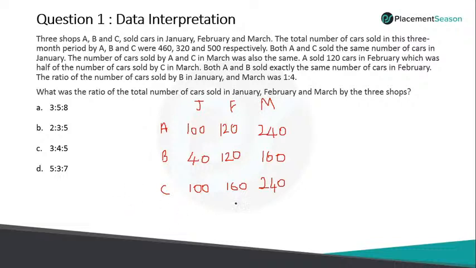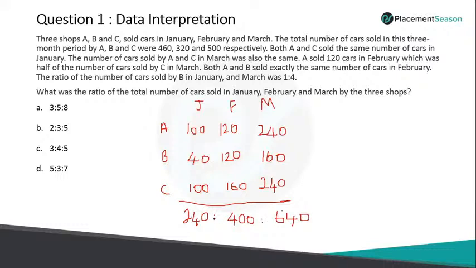So now we'll add everything. We got totally 240 cars sold in January, and in February 240, 160, 400 cars sold, and in March 240, 160, and 240, which is 640. So 640 cars sold in March.